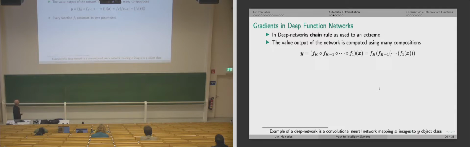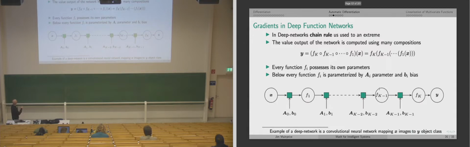So every function fi possesses its own parameters. That's the notion of these networks. And we can kind of draw it like that. So we get an input vector, which, as I said, can be a vector representation of an image. We have 2 parameters here, A0 and B. B is often called a bias. That's why we split it. Maybe you've heard about the weights and biases framework for machine learning. So it comes from there. So these are the weights of the layer, and this is the bias associated to the layer.